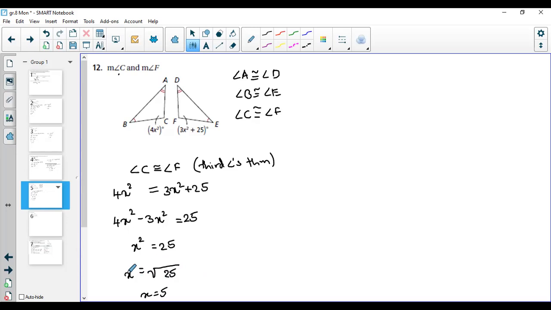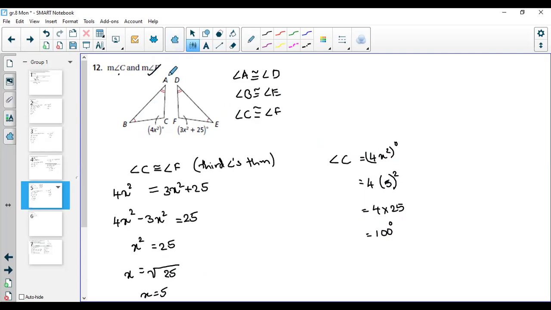Once you have found the value of x, we can substitute in the value of angle C, which is 4x squared. So that's going to be 4, and 5 in place of x, it's going to be 5 squared. That's going to give us 4 multiplied by 25 is equal to 100 degrees. So angle C is 100 degrees.